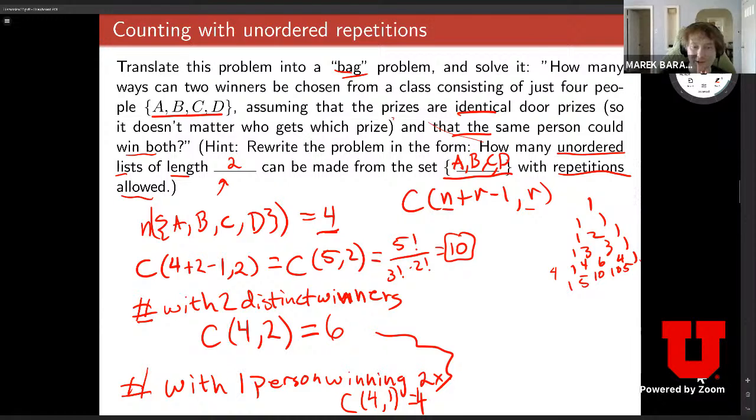If you have 2 winners, it's different from one person winning twice. So we do 6 plus 4 using the sum rule, and that's equal to 10. So sometimes if you're not sure, try to see if you can solve the problem another way. I find it useful in doing combinatorics if I'm not sure.